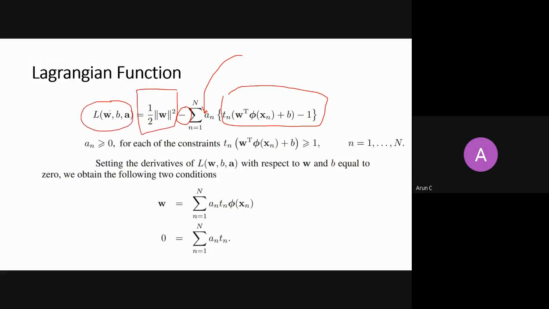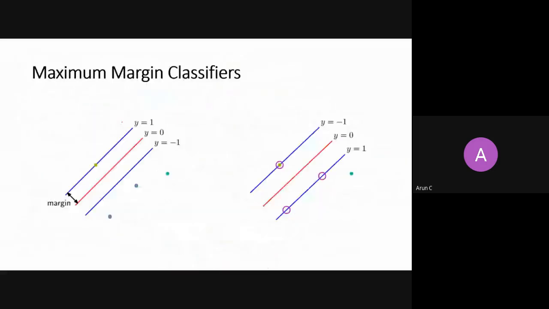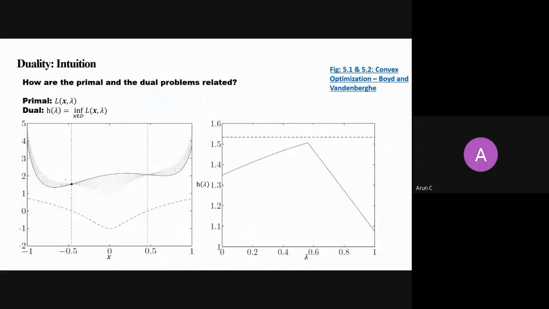To convert into a dual, I will replace all W's and B's. But to do that, I first want to minimize. Why is that? Because if you remember this case, for every lambda, I was minimizing.